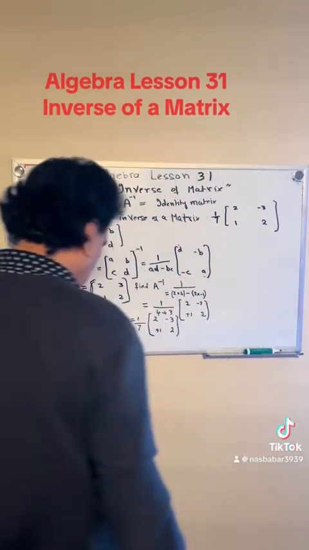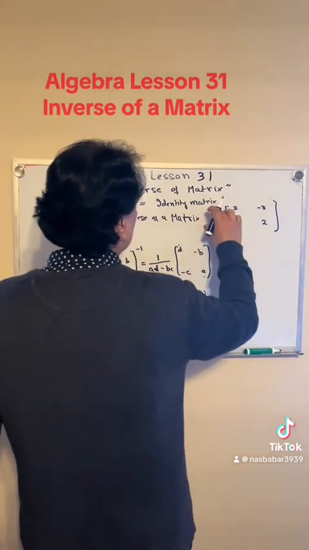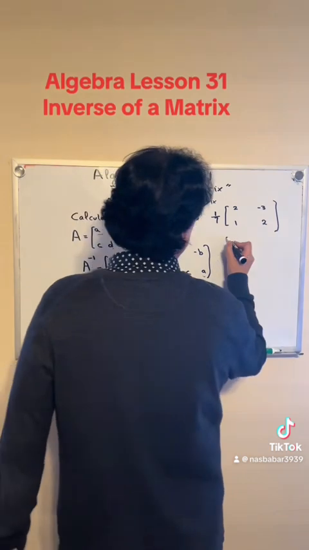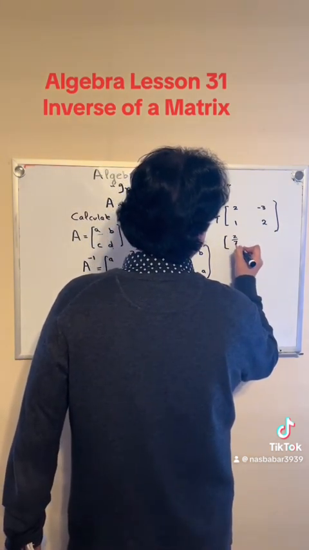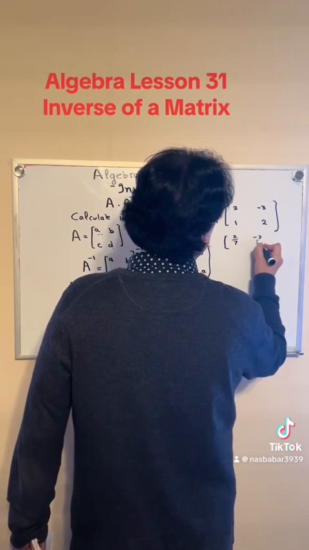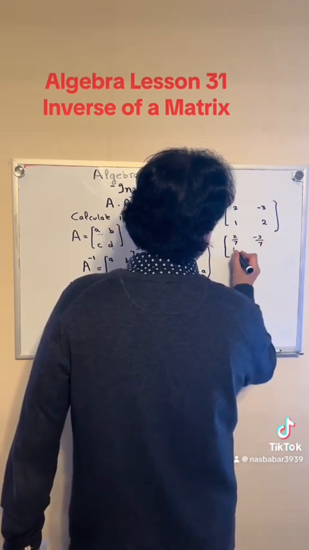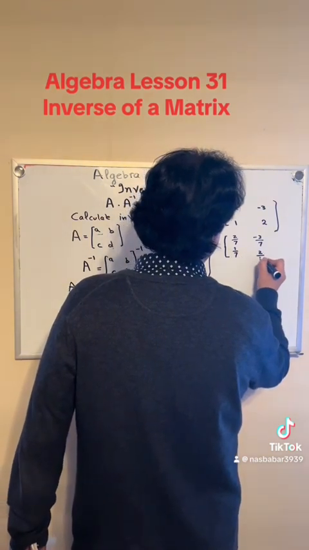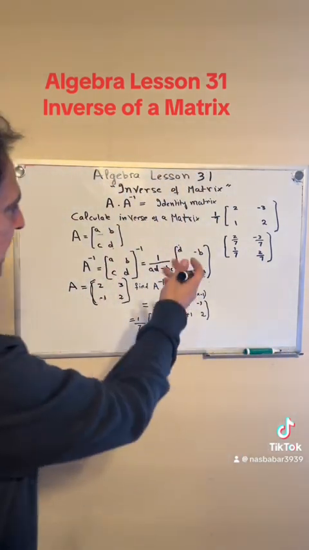So we are multiplying 1 over 7 by each number in here. Then we get 2 over 7, minus 3 over 7, 1 over 7 and 2 over 7. So this right here is my answer.